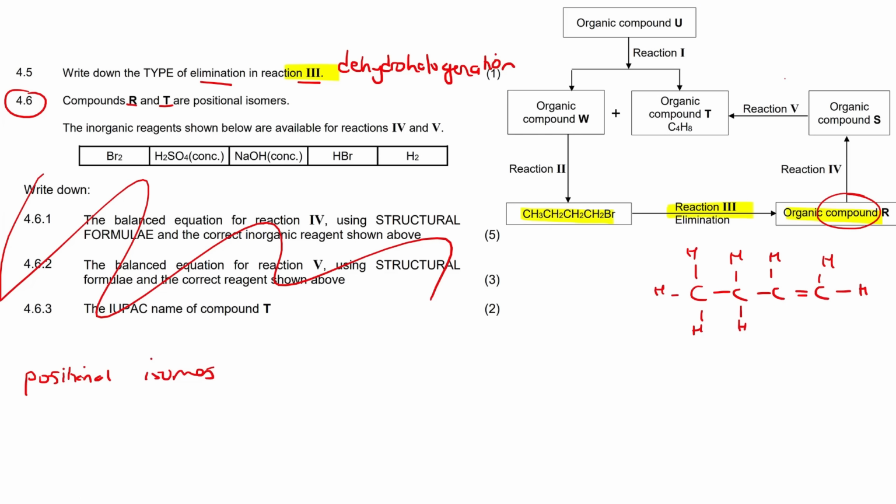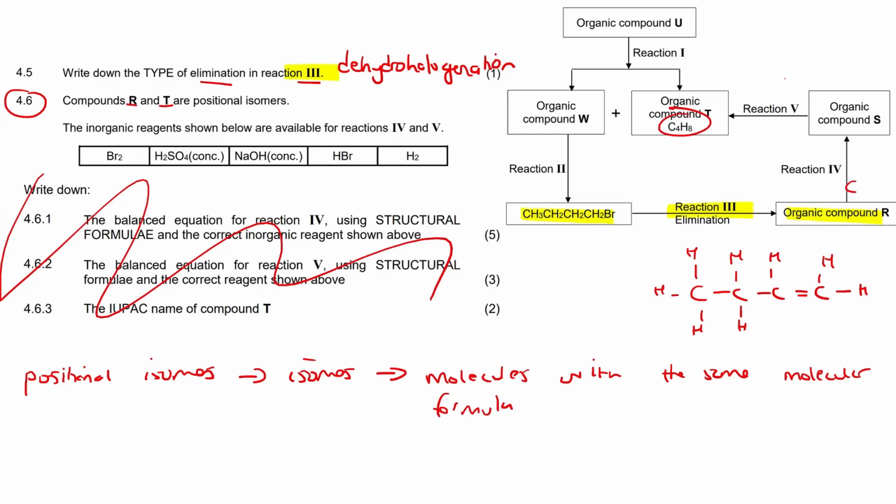So they are definitely isomers, and isomers are molecules with the same molecular formula. So for example, if this one is C4H8, then this one would also be C4H8. And if you want to go check me on that, you would see that there are 4 carbons and exactly 8 hydrogens.